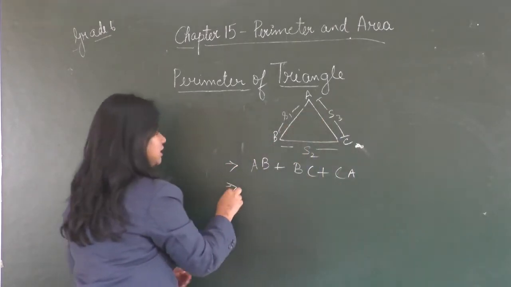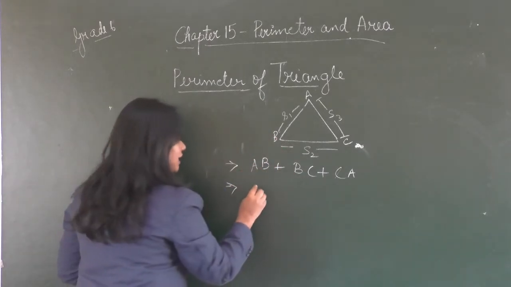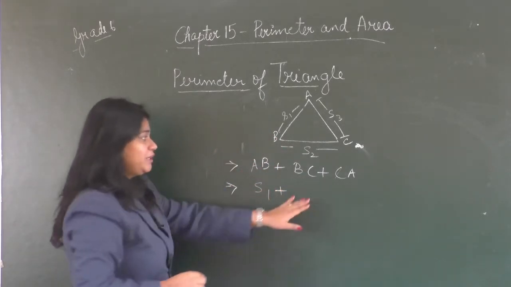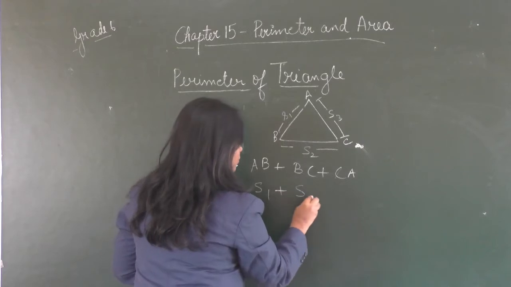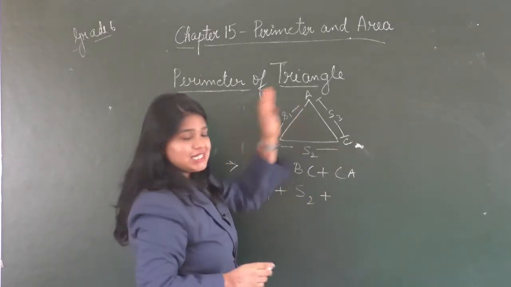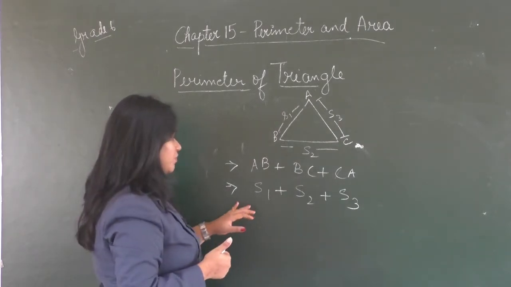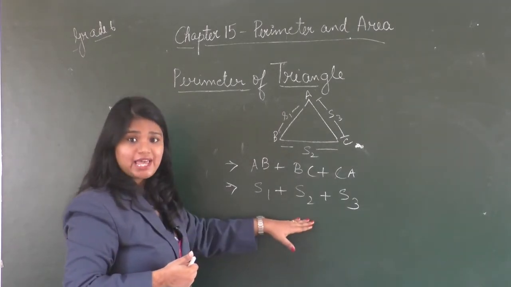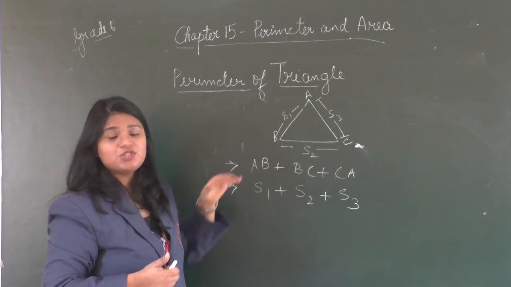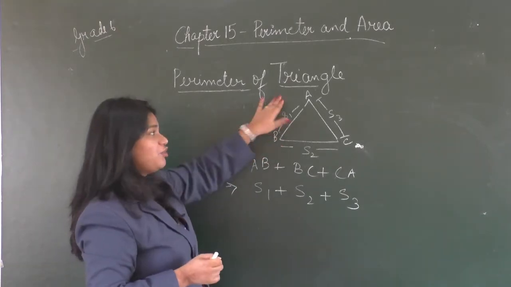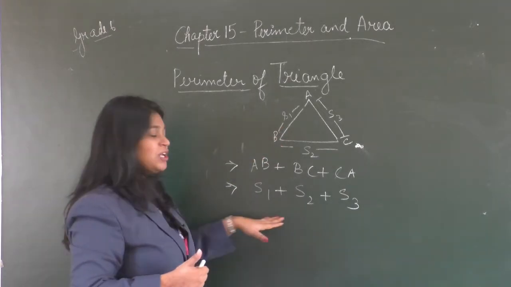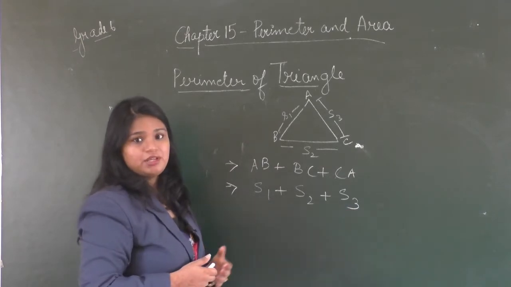So I will write the measurements provided, that is S1, for BC it is S2 and for AC it is S3. So here we have to add all the sides, that is the measurement of all the sides when we are calculating the perimeter of a triangle, that is S1 plus S2 plus S3.